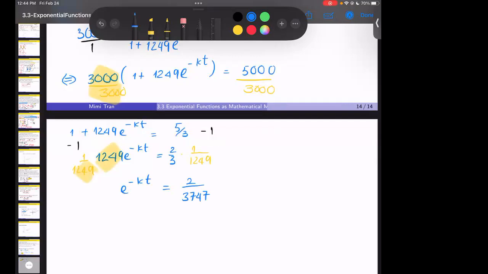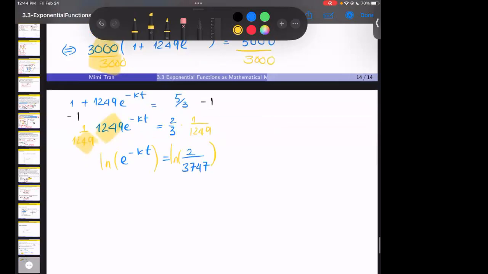And then take ln of both sides, right? ln and e cancel, so negative kt equals ln of 2 over 3747.